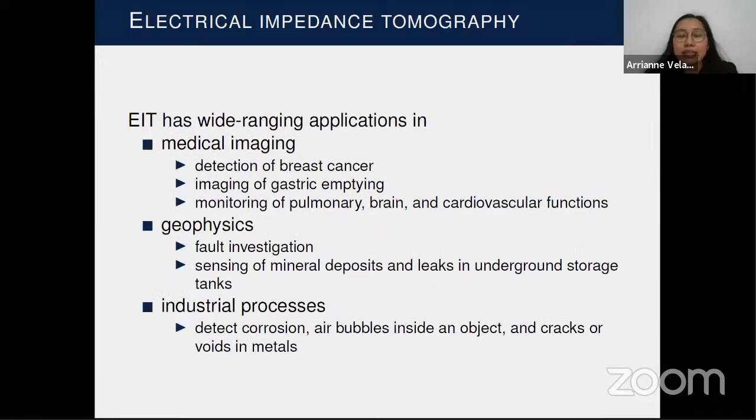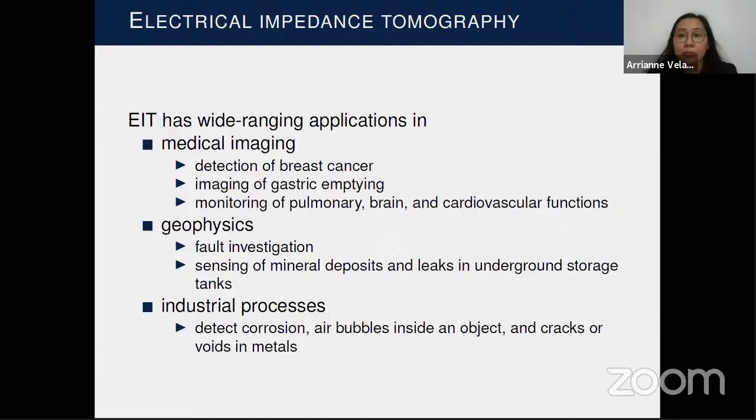EIT, as an active research area, has wide-ranging applications in medical imaging, geophysics, and industrial processes. In medical imaging, it can detect breast cancer, get an image of gastric emptying, and monitor pulmonary, brain, and cardiovascular functions.